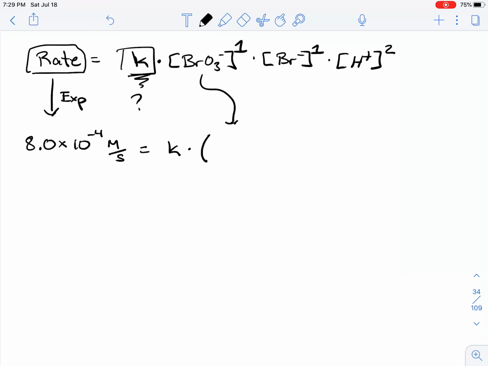So I'm using the data from experiment number 1. This is going to be 0.10 molar raised to the first power times 0.10 molar raised to the first power times 0.10 molar raised to the second power.